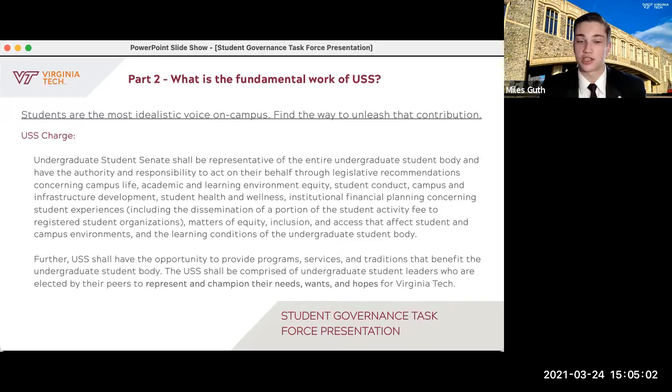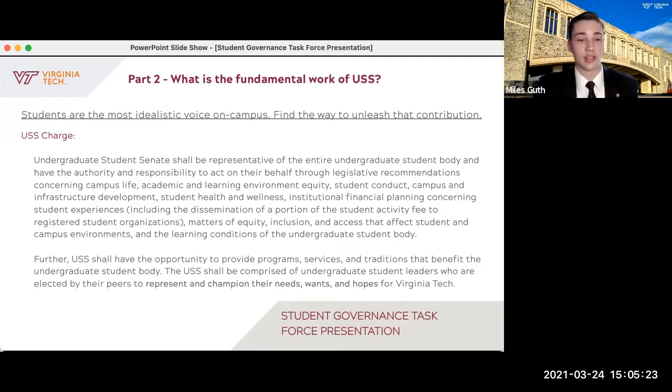Further, USS shall have the opportunity to provide programs, services, and traditions that benefit the undergraduate student body, comprised of undergraduate student leaders who are elected by their peers to represent and champion their needs, wants, and hopes for Virginia Tech. And that is the cornerstone of everything we're trying to do in USS.